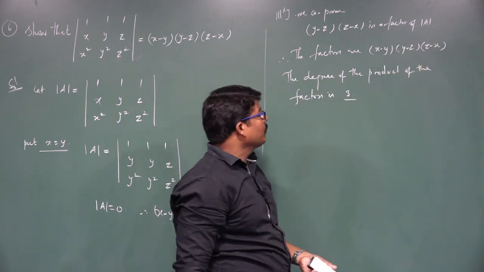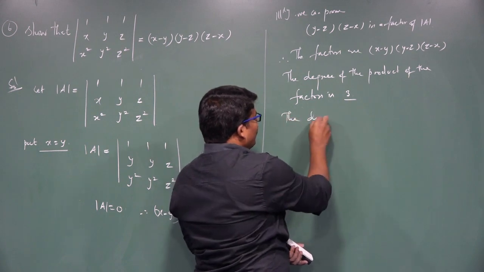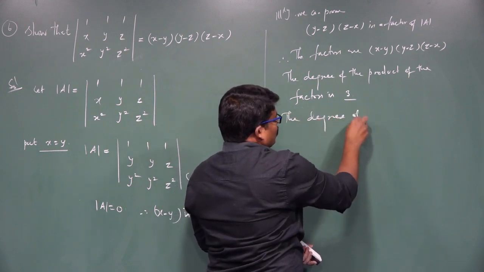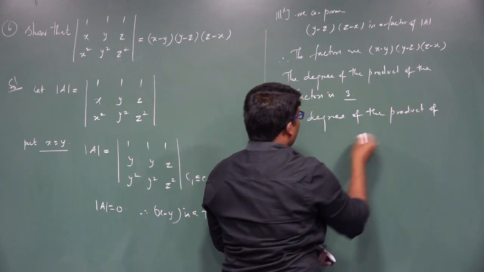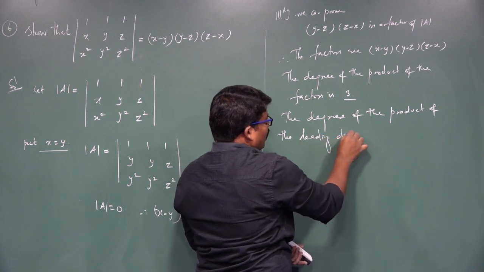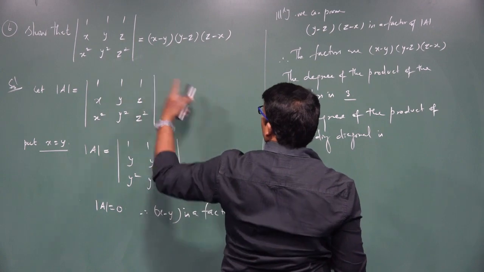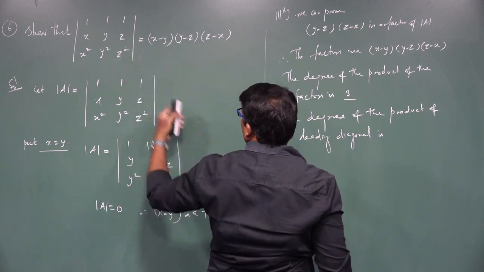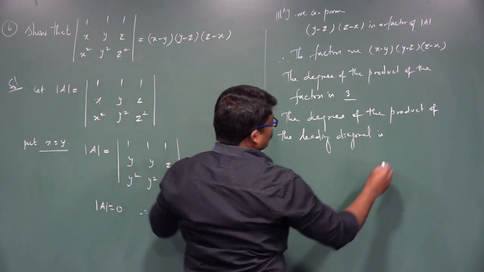Next, the degree of the product of the leading diagonal: the leading diagonal is 1, y square, z square... the degree is 3.